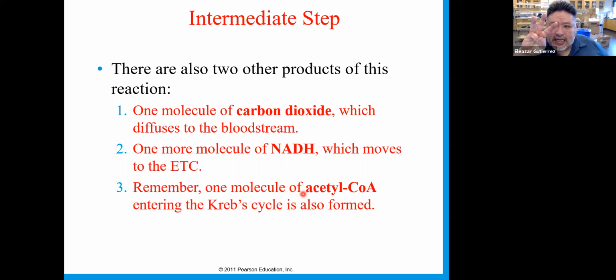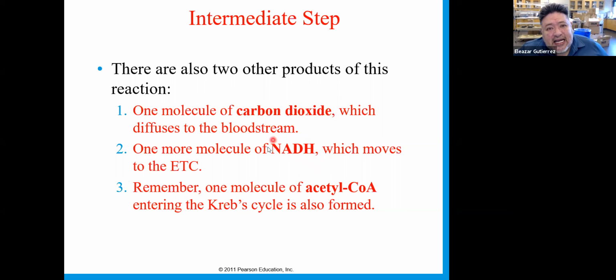One carbon gets released as carbon dioxide, and two carbons remain behind, and we have two carbons like that. It's called an acetyl group. So this acetyl group gets attached to this coenzyme, and that coenzyme is what finishes harvesting the energy from that acetyl group, okay? So why is this important?